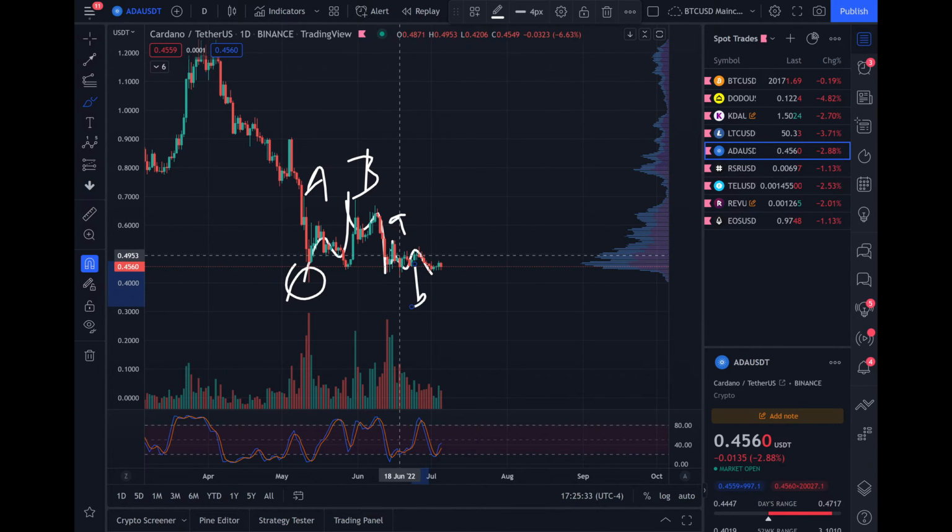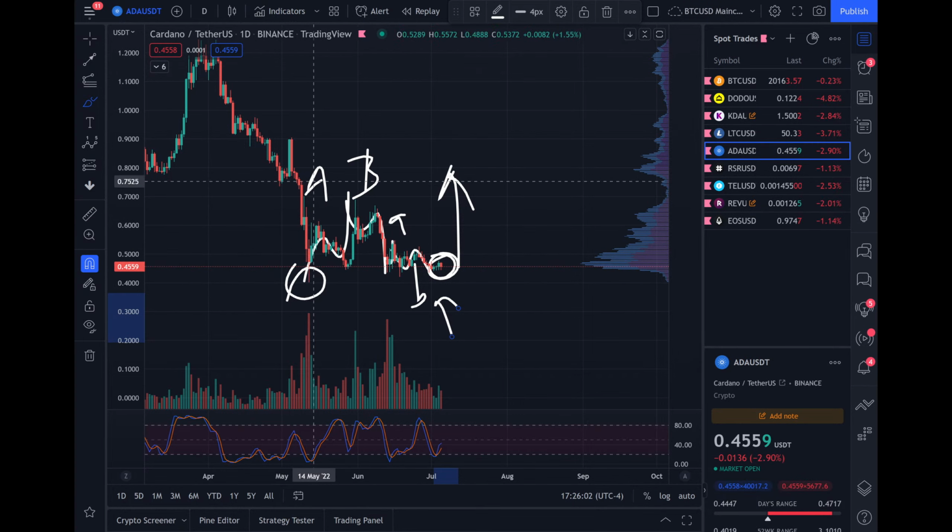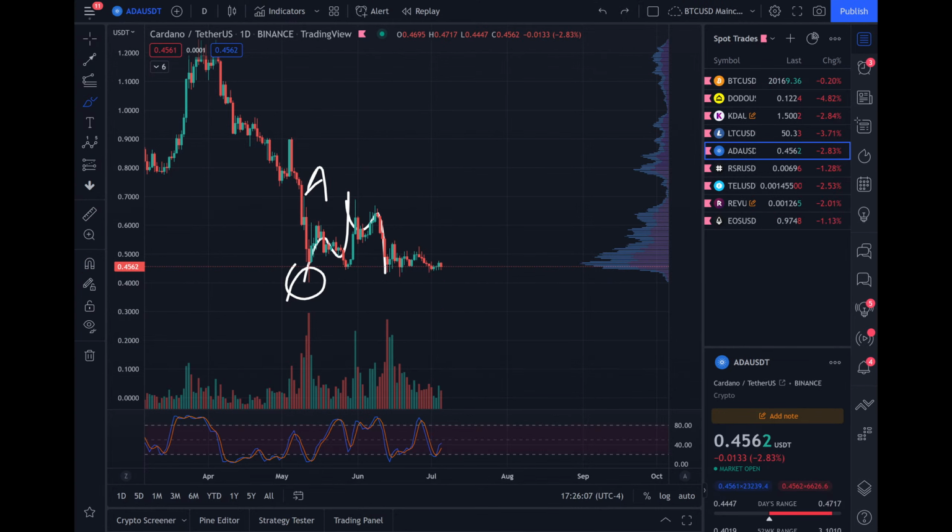This is your nice, textbook flat correction, small B. And then right here, this is why I call it A-B recursions, because it goes on and on ad infinitum on a smaller scale until it breaks. And that's what I think you got here. Although the majority of the pattern is complete, with the big A, big B, small b, you still haven't broken out because this recursion is continuing on a smaller time frame right here.